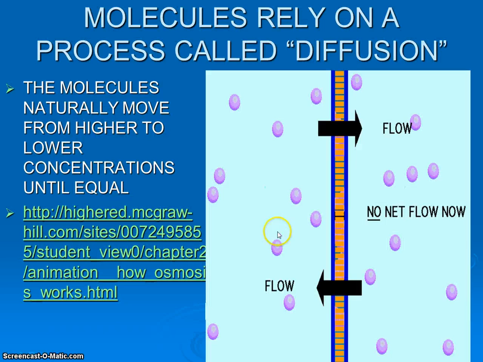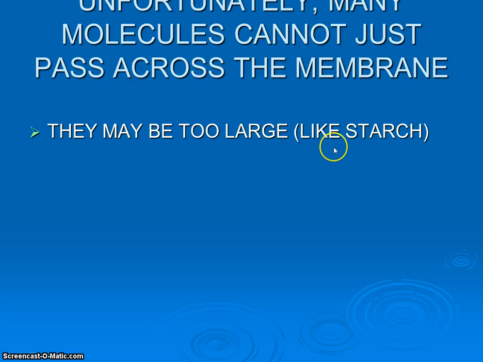And that's fine and dandy. So if we go back to this molecule, if this were outside the cell and inside the cell, that's an easy way for molecules to move across the membrane. What will drive them, if you will, to move across the membrane. But our problem is that, unfortunately, a lot of molecules cannot pass across the membrane. They might be too large, something like a starch. Remember, starch is very, very large sugars and polysaccharides.